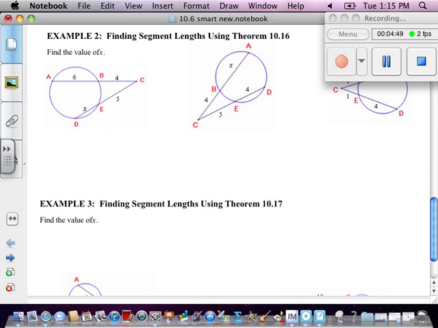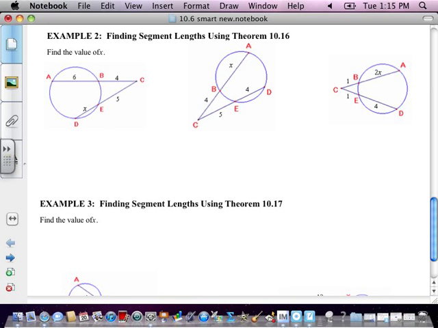Okay, we're looking at example 2. I'm going to set up the first one for you. We take the length of the whole thing of the secant. So 6 multiplied by the external part, which is 4, and that's equal to the whole thing, which would be 5 plus x, times the external part, which is 5.